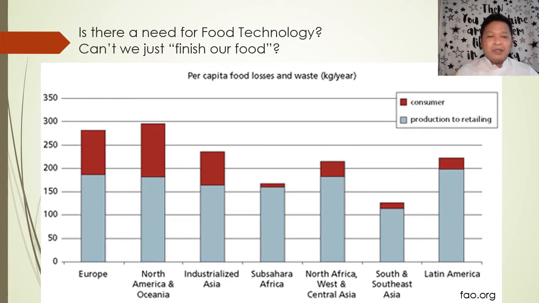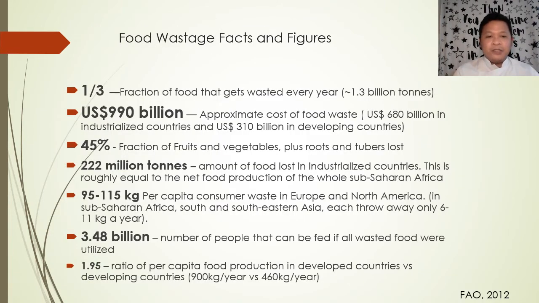So what do food technologists have to do with this? Before we answer that question, let us look at our food facts and figures. The total fraction of food that gets wasted every year, food that started in production but did not reach consumption, is around one-third, or 1.3 billion tons.